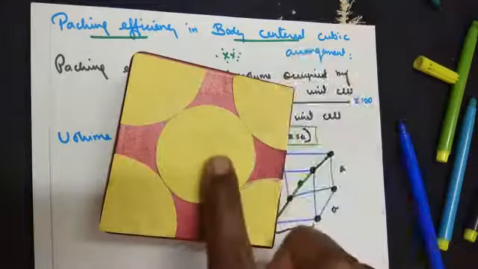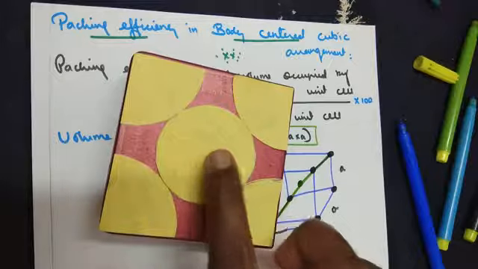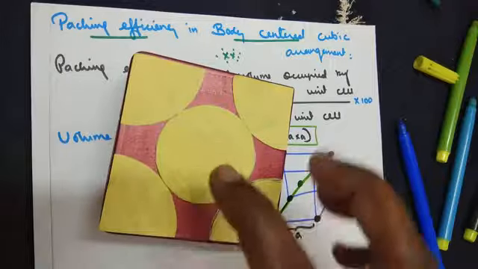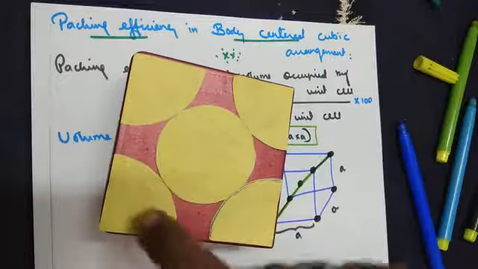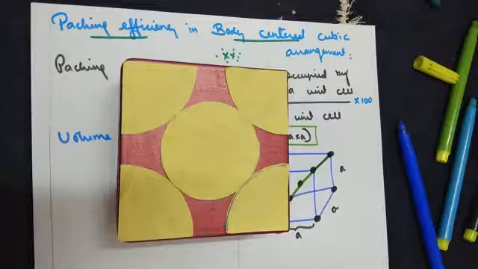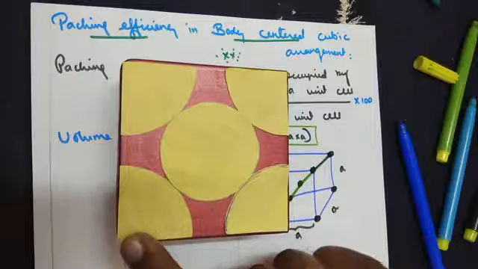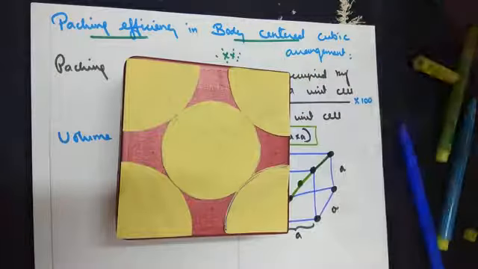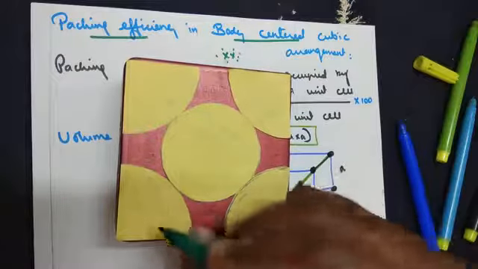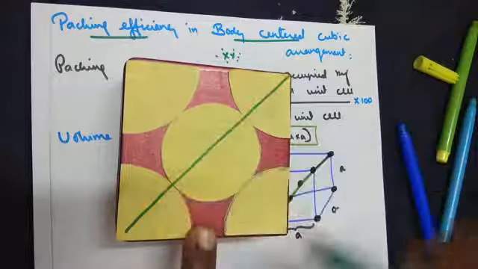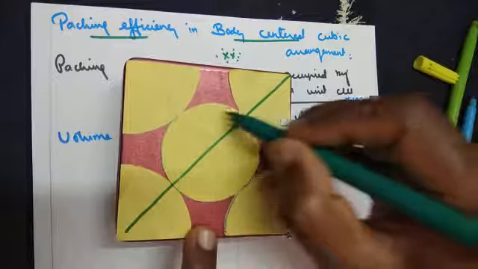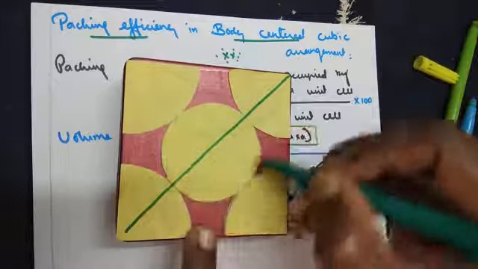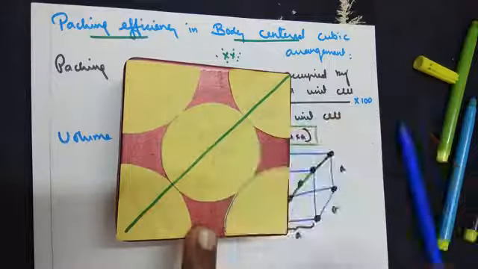Now as we have seen it in the simple cubic unit cell, if you consider this to be the atom or a particle within the body of a unit cell, now when we draw the diagonal, what happens? The diagonal is drawn from one corner to the other corner within the body. So if I draw the diagonal in this direction, the center atom contributes the whole volume of the sphere.